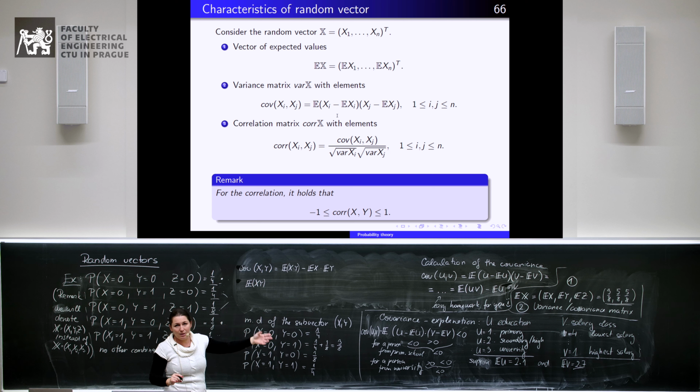As I said at the beginning, when we started with random variables, the sums, differences, products, and so on of random variables are again random variables.